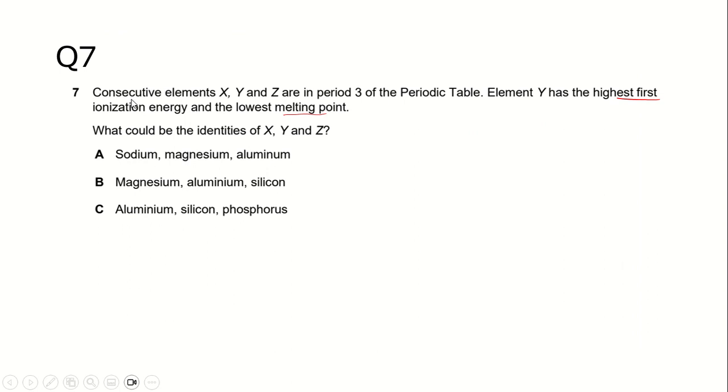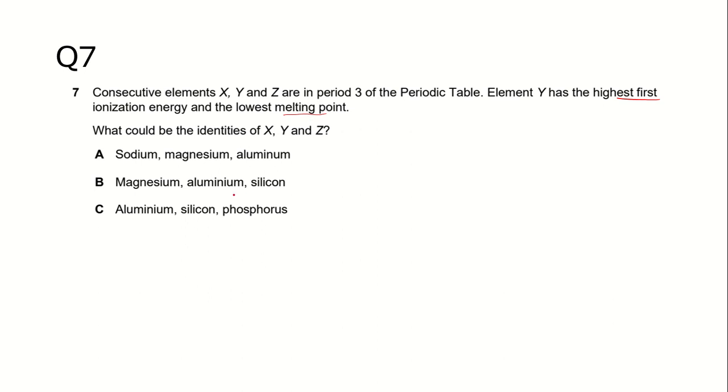It says there are three consecutive elements. Consecutive means in a row, yeah? No gap between them. So X, Y, Z are in period 3 of the periodic table. Y has the highest first ionization energy and the lowest melting point.